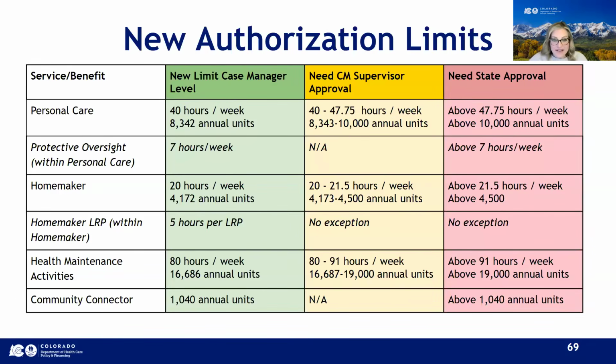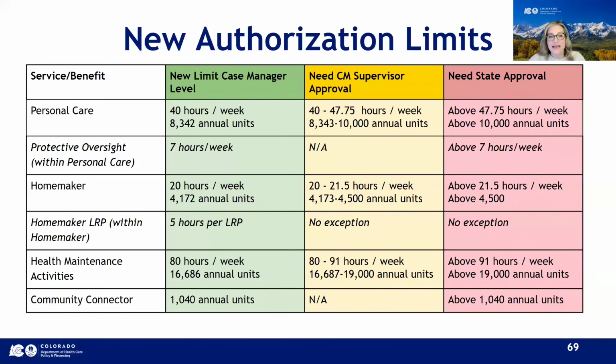This chart here hopefully looks familiar to you. As promised, I said we would look at it again. This is the full chart of the new authorization limits for personal care, protective oversight, homemaker, legally responsible person, health maintenance activities, and community connector, all in one, all on the same chart for you. Some of these limits have an exceptions process, while others do not, right?